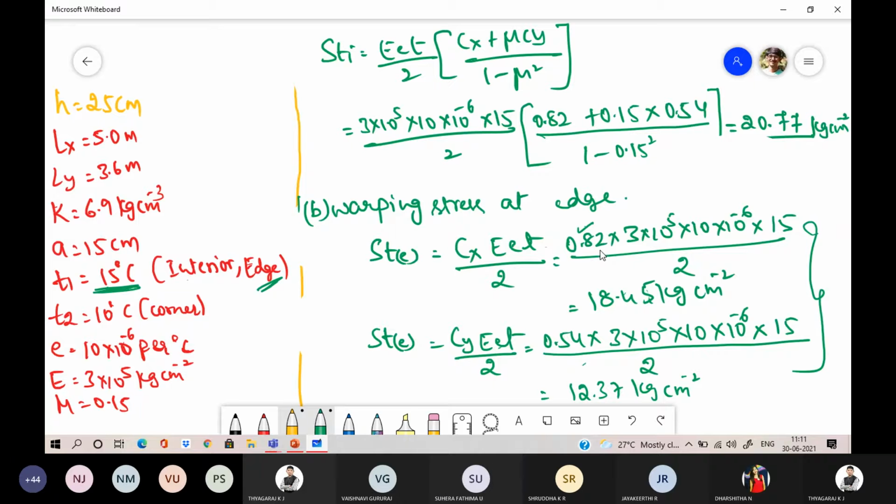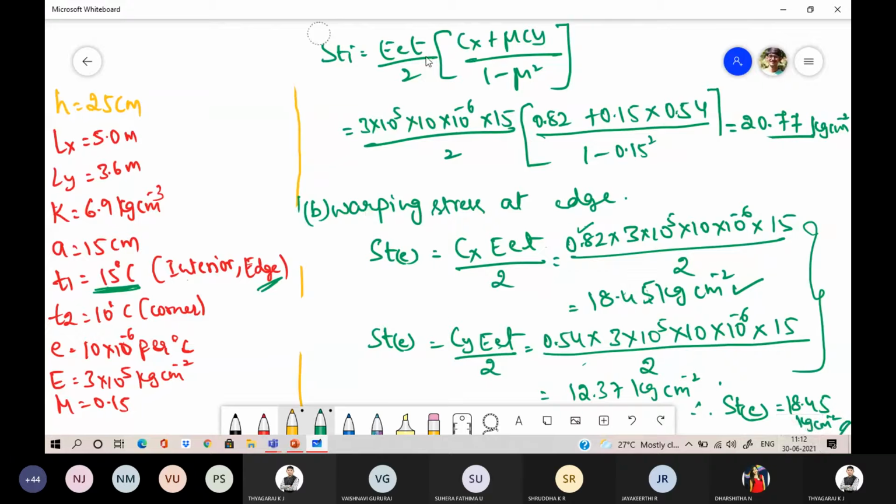You can take both the methods, either by considering CX and CY value, or by calculating the edge stress using CX or CY. But the higher value we are going to consider. Therefore, stress at edge is equal to 18.45 kg per centimeter square.